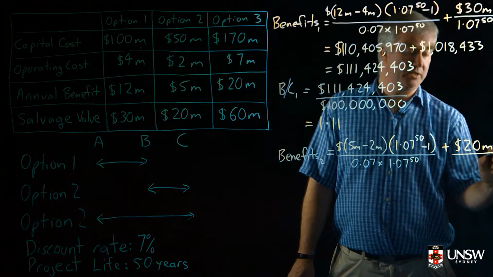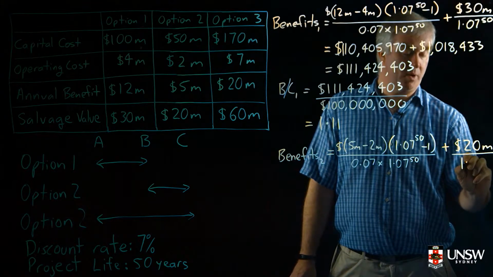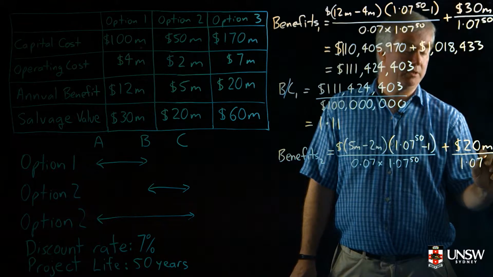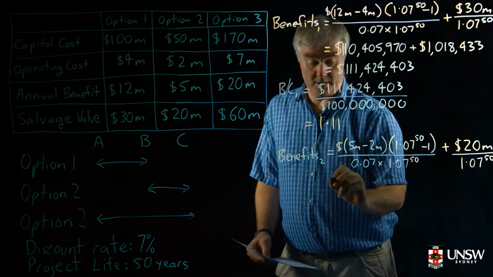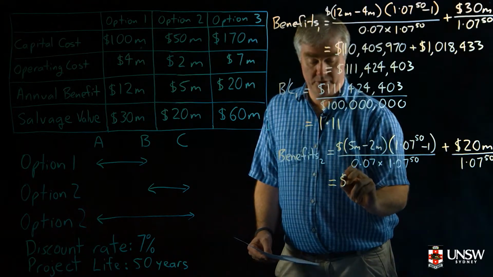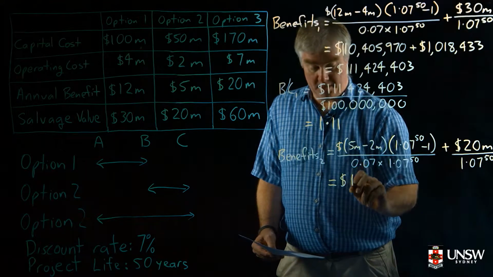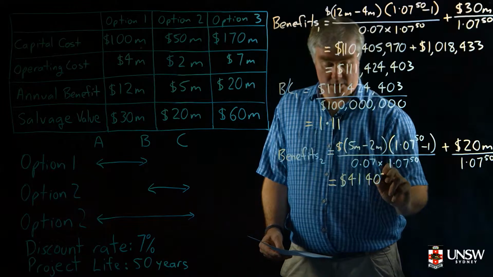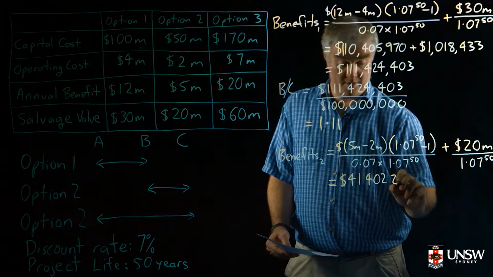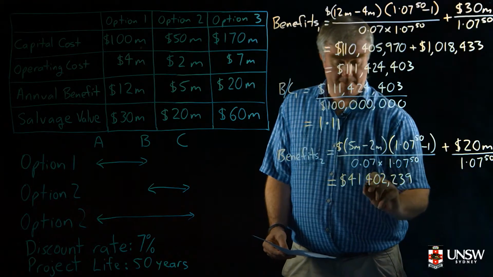And once again, it's a one-off payment, so we divide it by 1.07 to the power of 50. So the annual amount comes to $41,402,239.